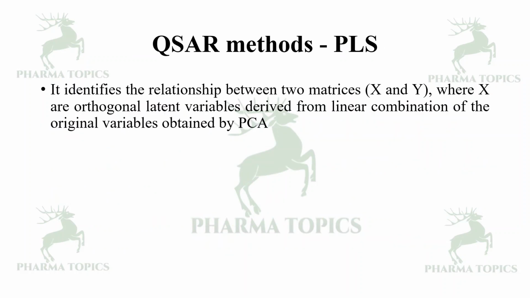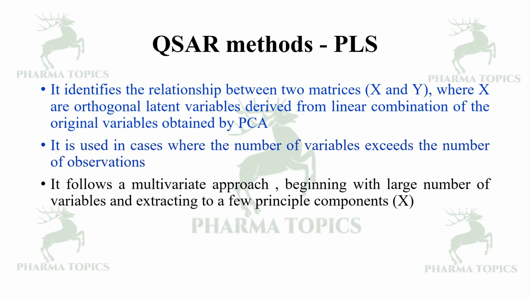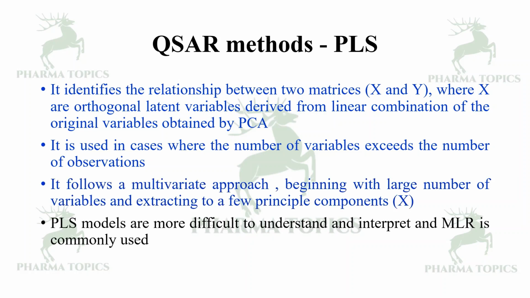The PLS identifies the relationship between two matrices X and Y, where X is the orthogonal latent variable derived from linear combination of the original variables obtained by principal component analysis. It is used in cases where the number of variables exceeds the number of observations. It follows a multivariate approach, beginning with a larger number of variables and extracting a few principal components. PLS models are more difficult to understand and interpret, and MLR is more commonly used.